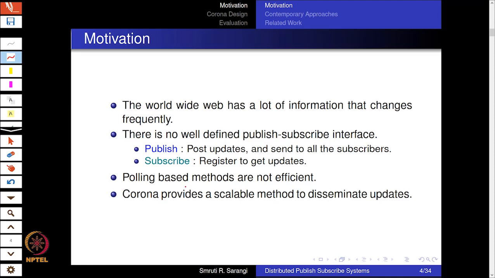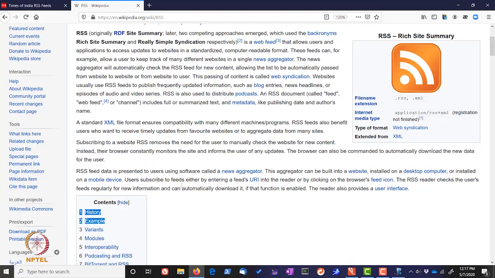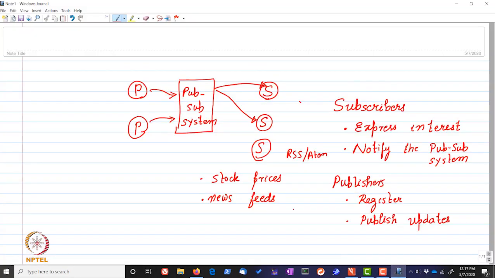So how does this actually work? The way that this works is kind of interesting. Let's go back to our journal over here. We can have two methods. The first is polling. In polling, the subscribers keep on asking the publisher, do you have an update?